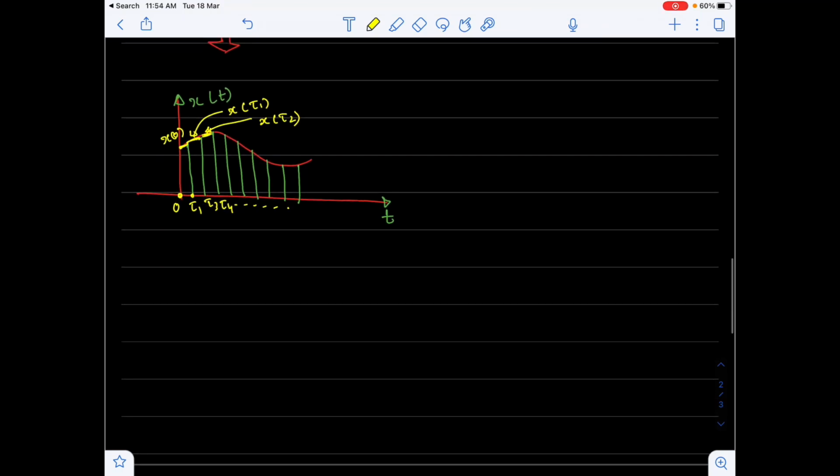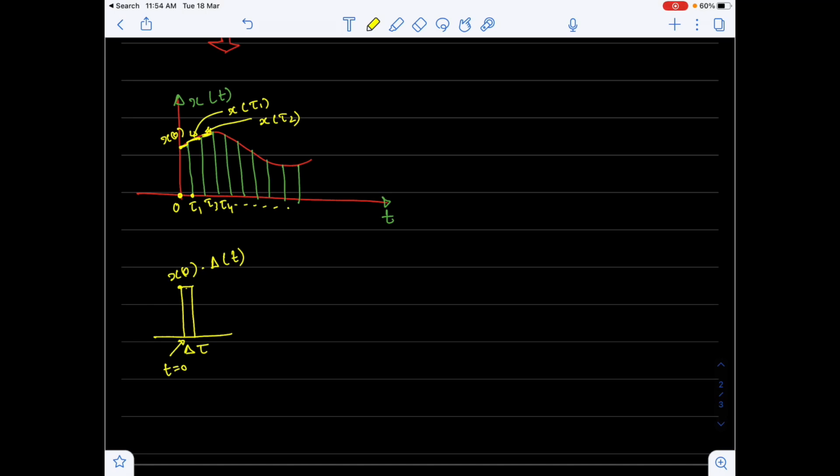So now let us take the first piece. What is the amplitude of the first piece? It is x of 0, and the width is delta tau, and this is happening at t equal to 0. So the amplitude of this is x of 0, and I can write the area as x of 0 into delta tau.